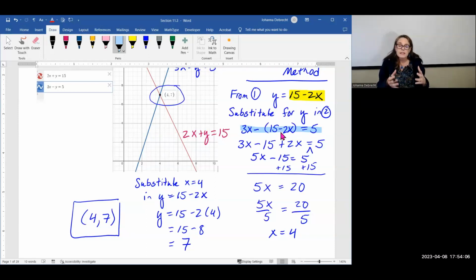In that case, I know that they had to have had the same slope and same y-intercept, and that's why every variable term dropped out, but I still got it true because the y-intercepts were equal. In that case, your solution is all ordered pairs on either line because really they're the same line. And I'll show you how you can verify that that is the case, that they're the same.